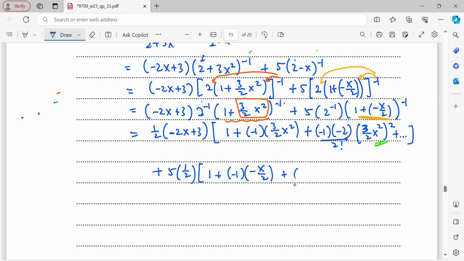Then plus n is minus 1, then minus 1 becomes minus 2 over 2 factorial, then the new x, you square it. Here we still need to continue for the next term, because you are just getting x squared. It's not enough. We need to get up to x cubed. Then here minus x. I do not have enough space, so I will just continue on the next line.